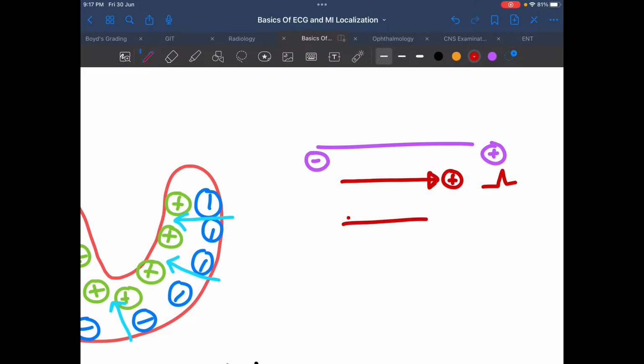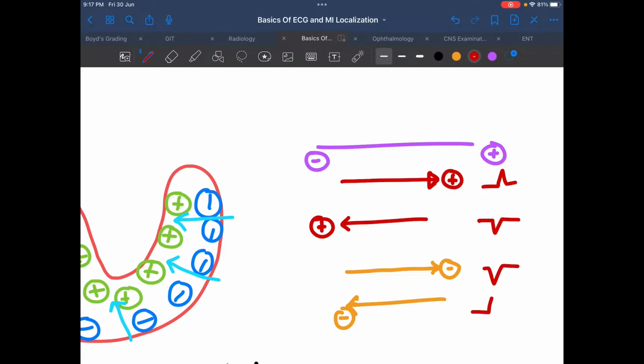If it is moving away from the positive lead, then I'm going to record a negative potential. But the repolarization vector has a negative in its head. So if it is moving towards the positive lead, I'm going to see a negative potential, and if it is moving away from the positive lead, then I'm going to record a positive potential.